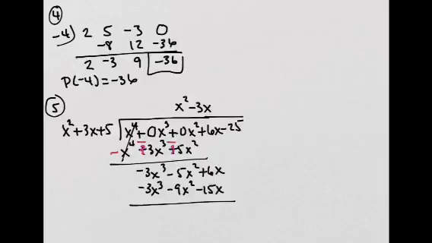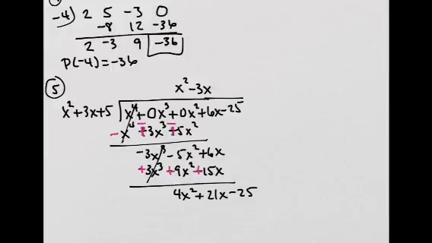Okay, we're going to subtract, so we're adding the opposite, so all of these minuses become pluses. And we combine like terms, so this gives me 0. 9 minus 5 is 4. 15 and 6 is 21. And you bring down the negative 25. And then what do you have to multiply the x squared by in order to get 4x squared? The answer is 4.